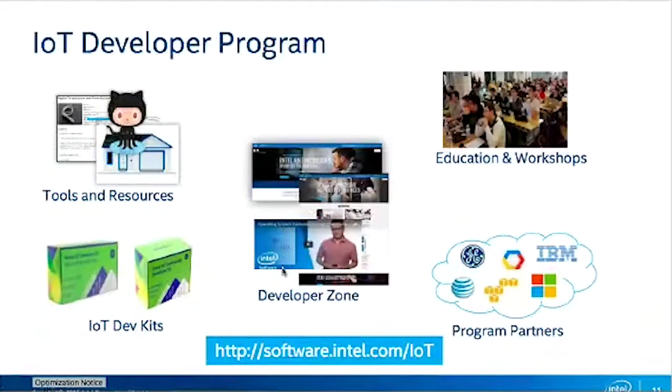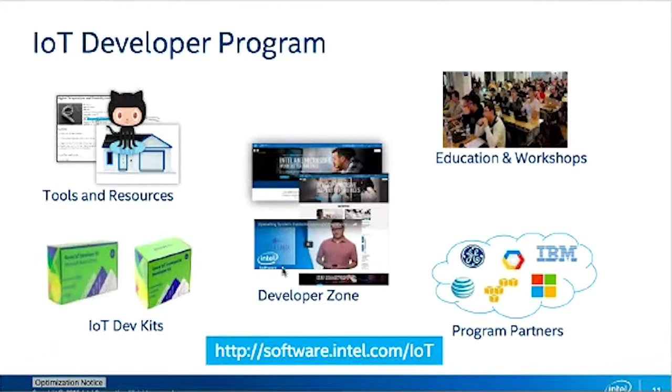So now let's talk about the different elements from a program perspective. We have the dev kits, we have tools and resources, and we have this developer zone, software.intel.com/IoT. That is the home of all of the things that we bring together.